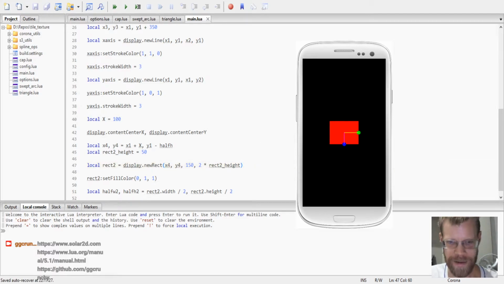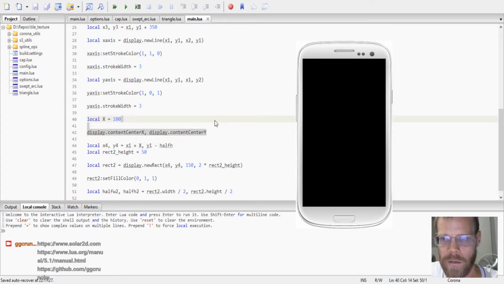Let's see if we got all that right. No, we did not. Okay, so we have an error on line main 44: equals expected near local. So something is, oh, because I just copy pasted these on there. They should not be there.